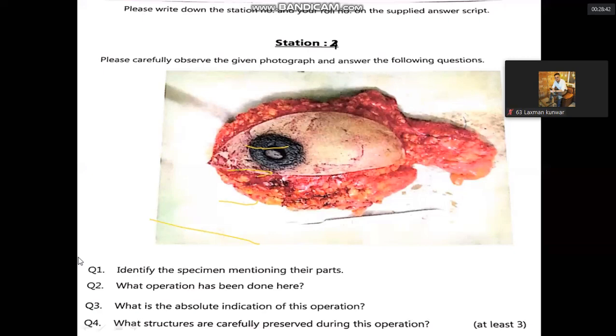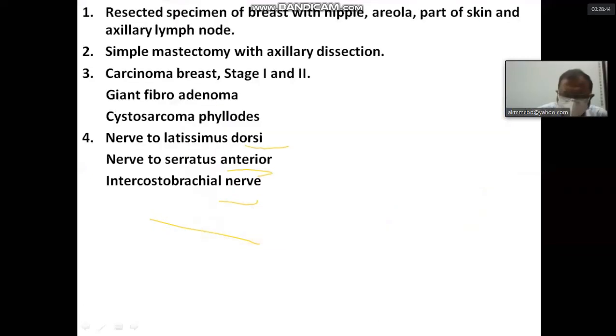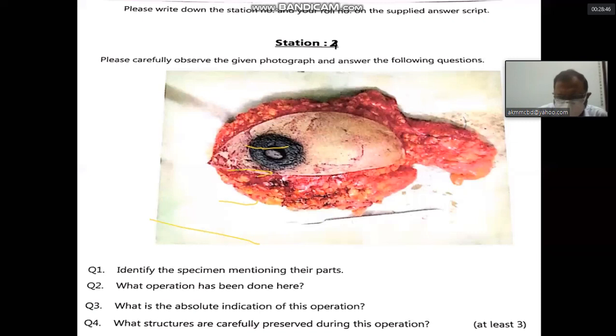Simple mastectomy, okay, with axillary dissection. What is the absolute indication of this operation? Carcinoma breast, stage 1 and 2. Okay.